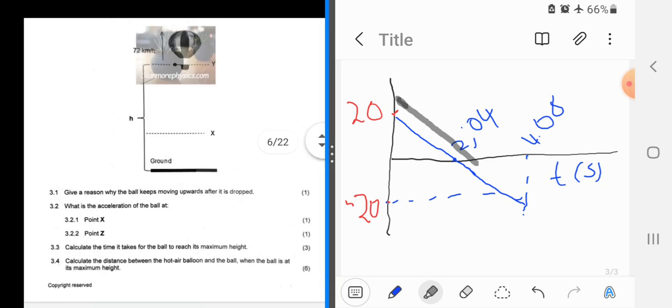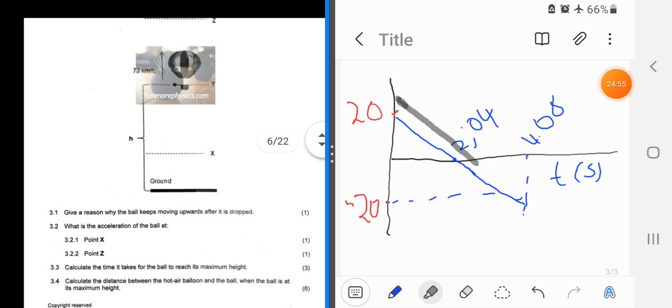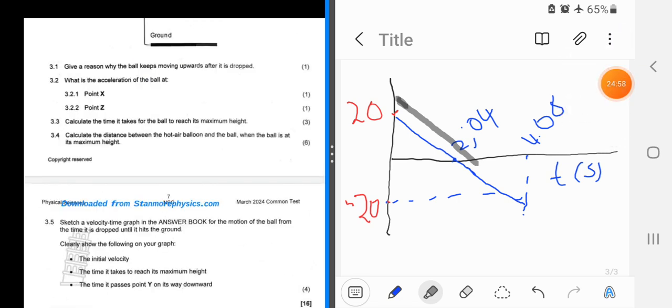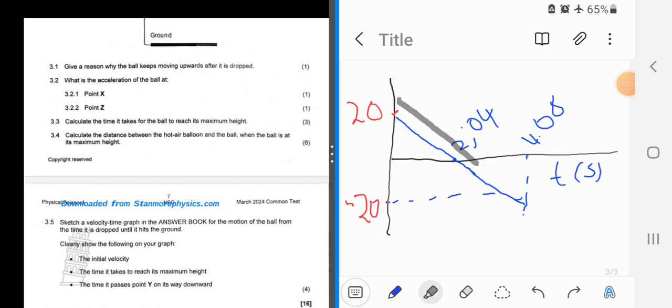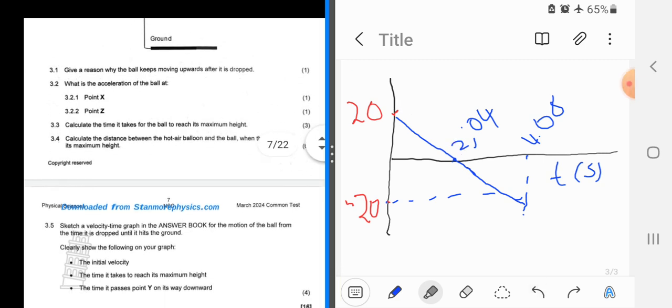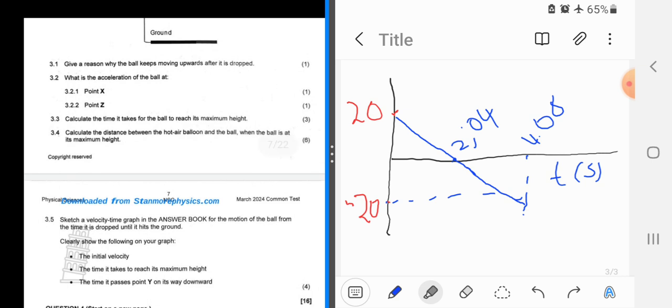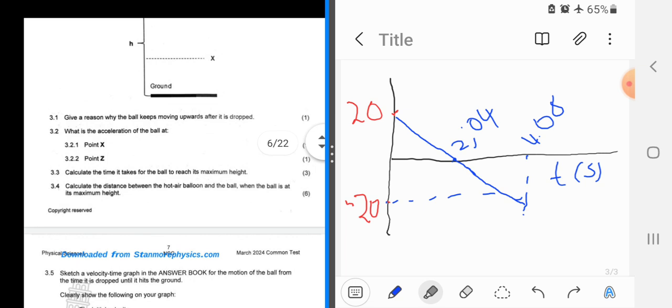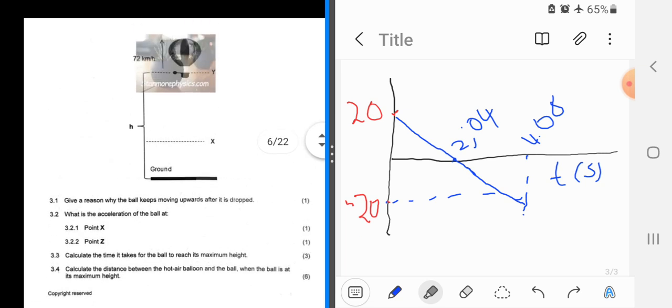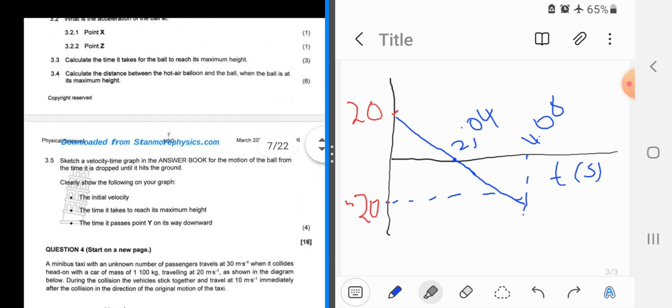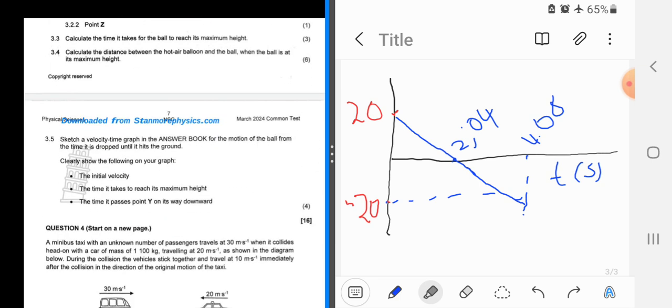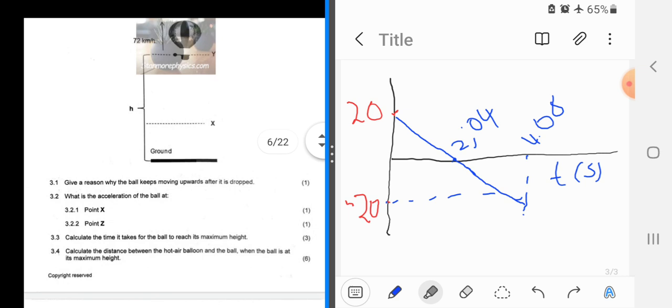So the 20 up here is the initial velocity. I want to show you how to answer it correctly. We have the initial velocity as 20, and the time it takes to reach its maximum height is 2.04. So the time it passes point Y on its way downwards, okay?